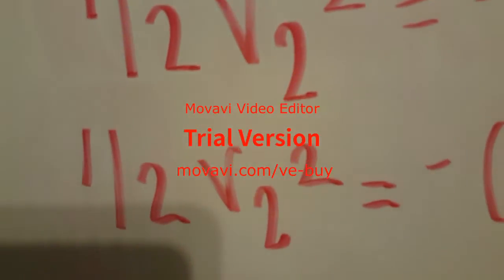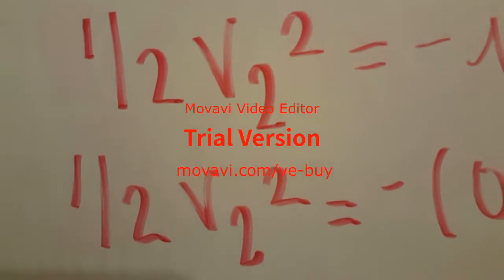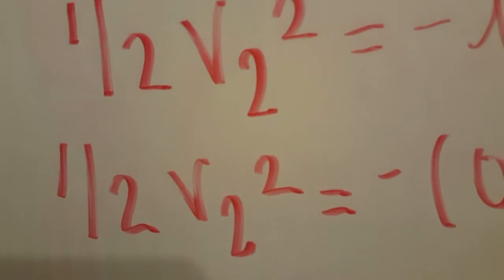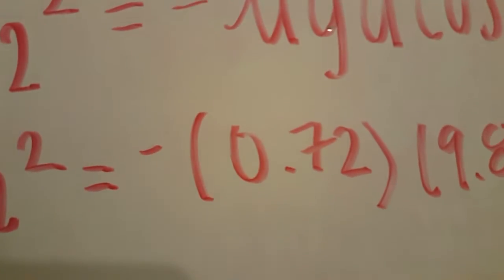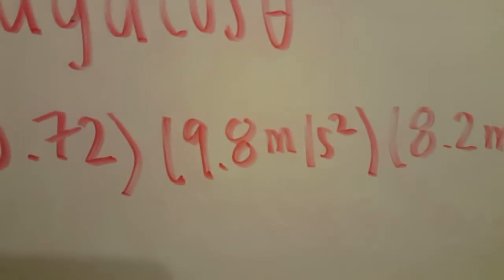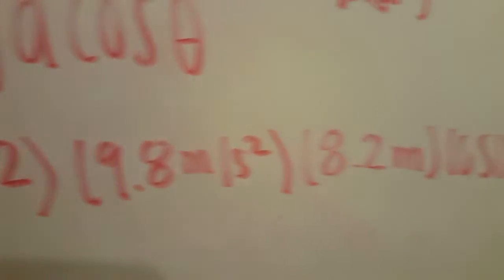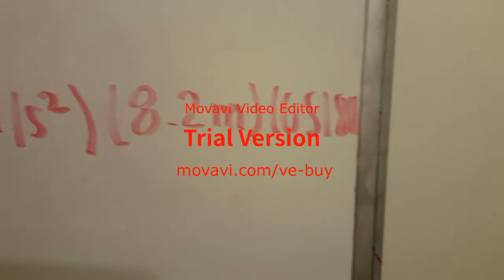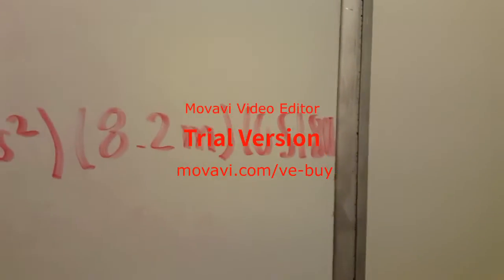So now we have 1/2 times the velocity at the second position squared is equal to negative 0.72 times 9.8 meters per second squared times 8.2 meters times the cosine of 180.